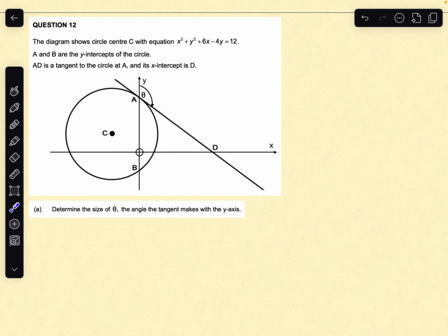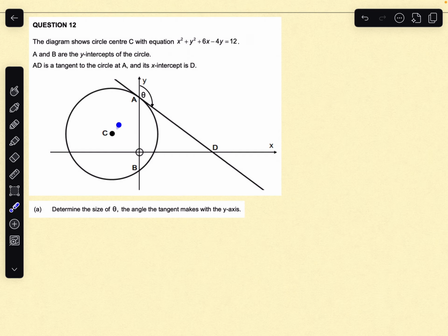Then we are asked, determine the size of theta, the angle the tangent makes with the y-axis. What immediately comes to mind for me is that we have a tangent, and we could potentially figure out the gradient of this radius CA, because the coordinates of C are hidden in here, and to find the coordinates of A and B, the y-intercepts, we would just have to make x 0 in this equation and figure out the y's.